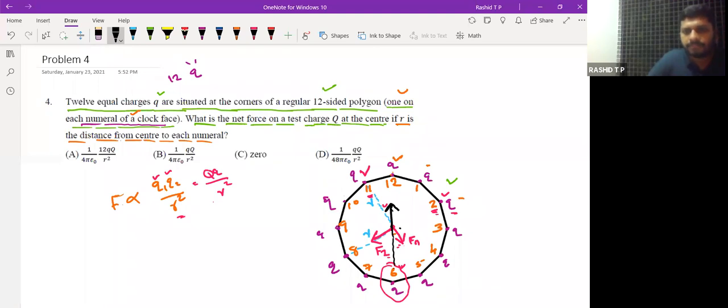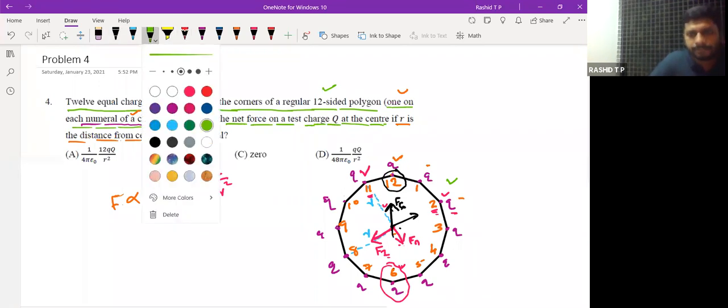And if you draw all these forces, then that will cancel. This is F6.